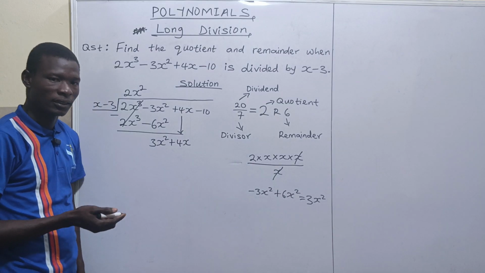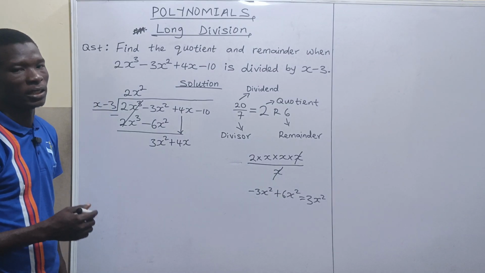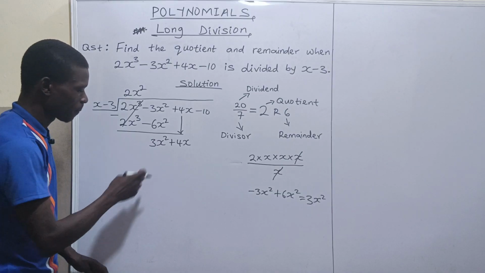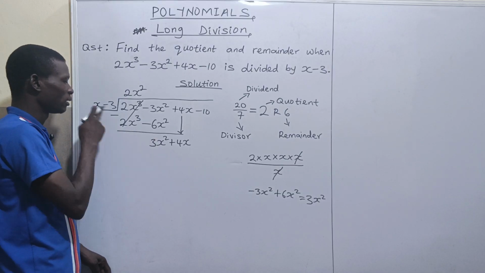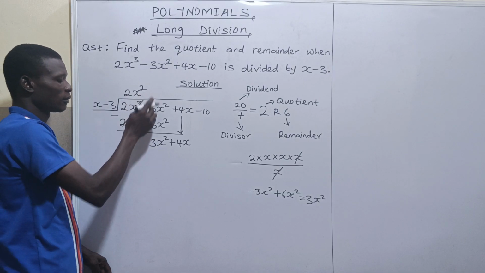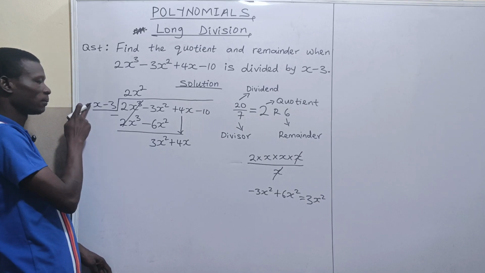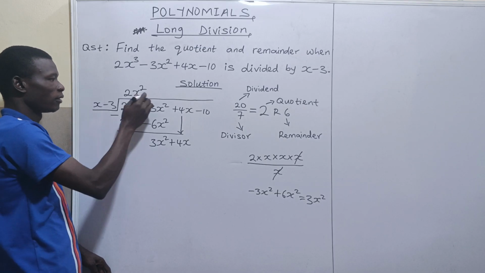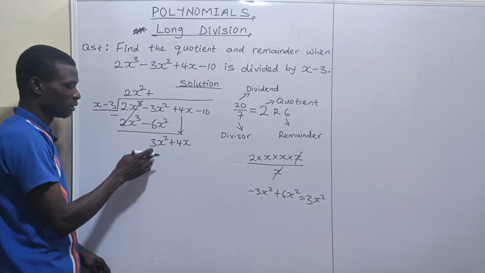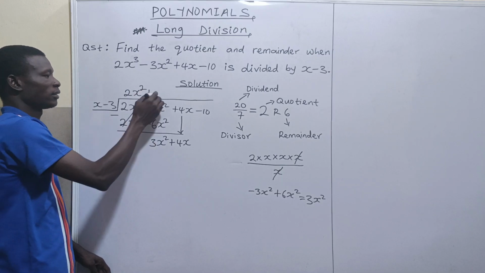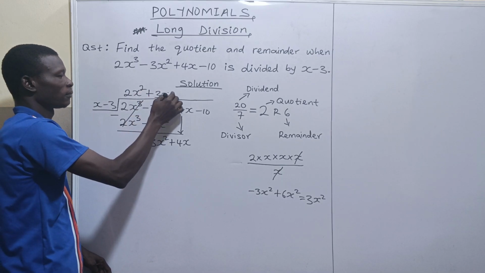The next thing is to go through our division again. Repeat the pattern. 3x squared divided by x: plus divided by plus remains plus, so it will give us 3x.